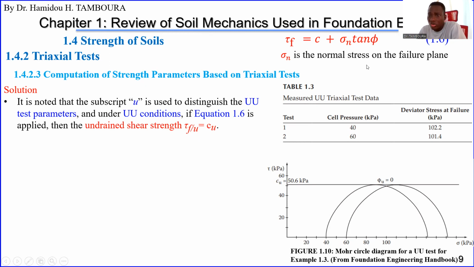In this case phi is 0, so if you calculate this tau f, the shear strength of the soil, you will see that this term will be 0 because tangent 0 is 0. I hope everyone knows that.